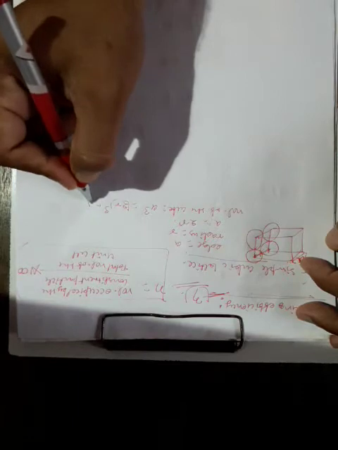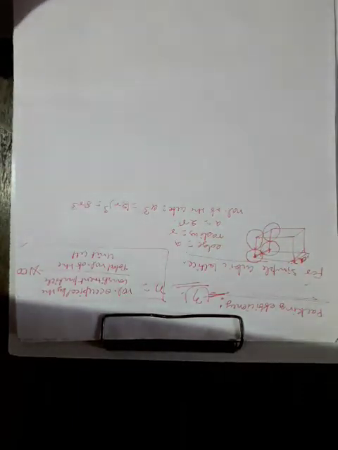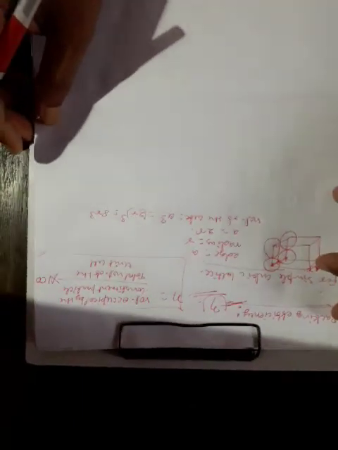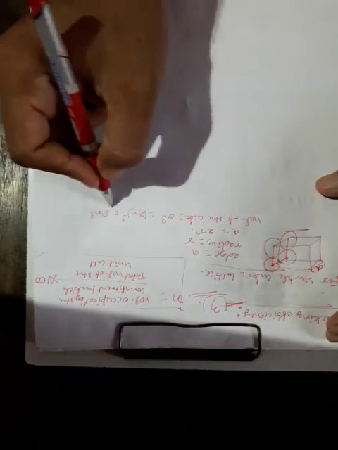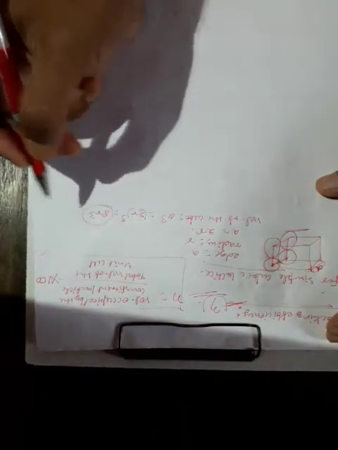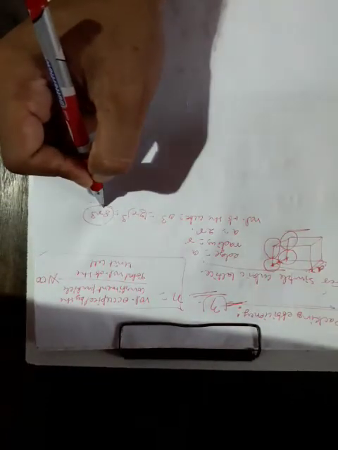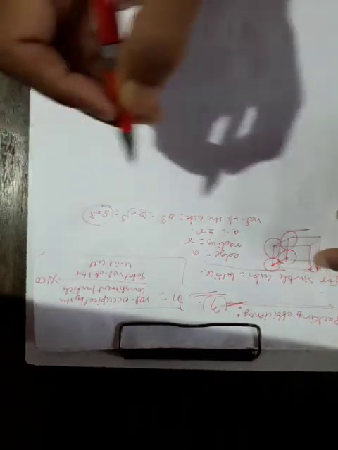It will become equal to 8r cube. Since there is only one particle in the simple cubic lattice, the volume of the cube is 8r cube, occupied by the constituent particle, only one.